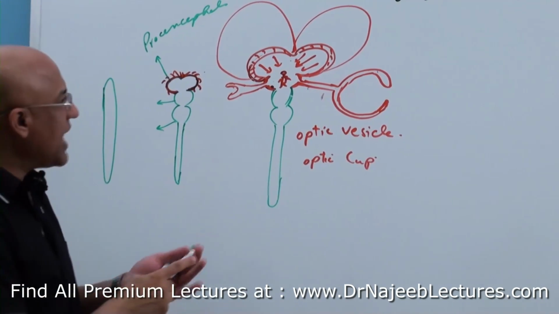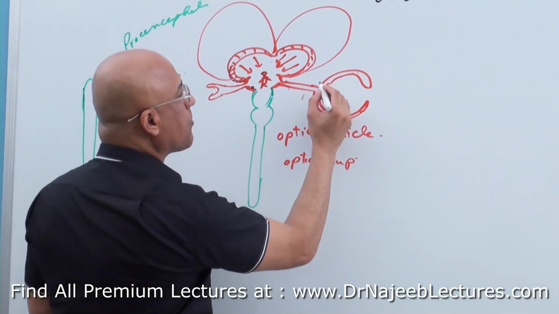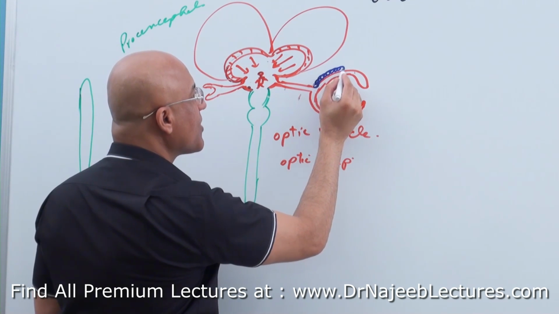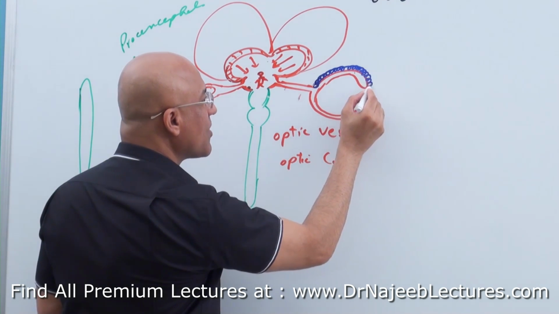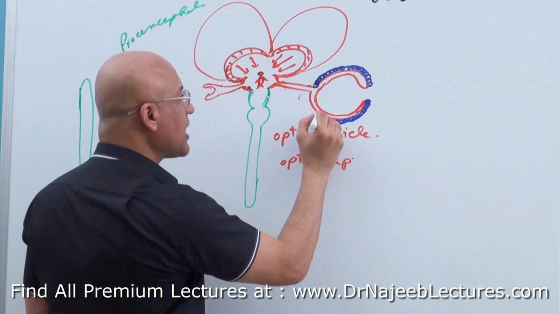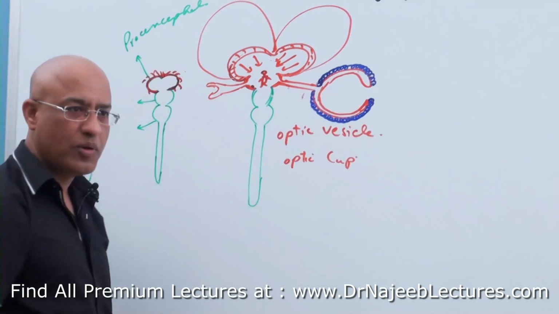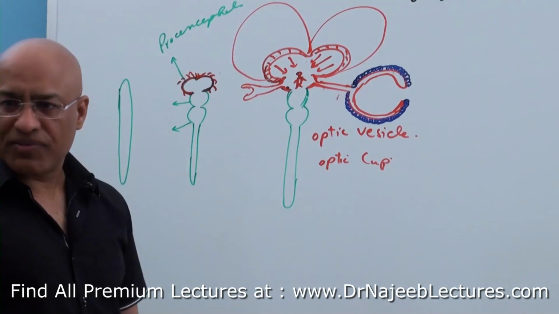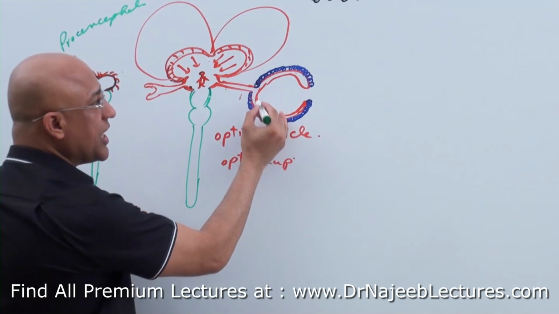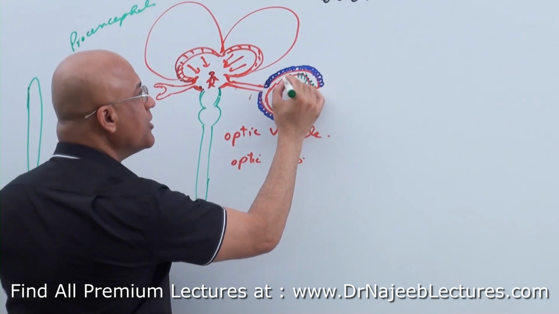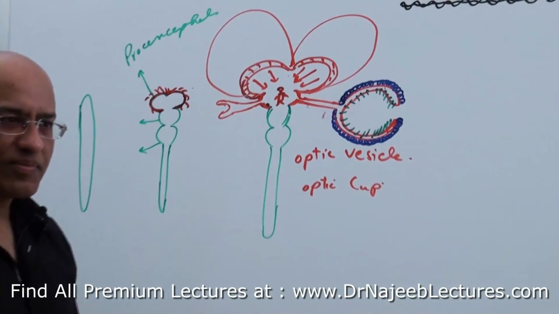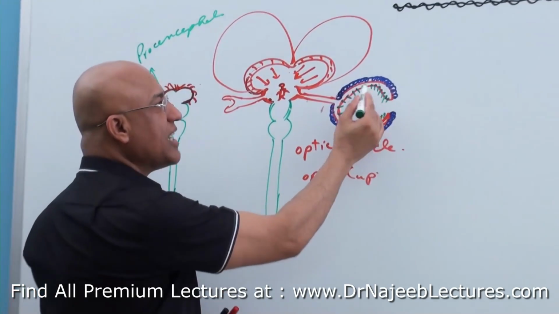Now, the outer layer of the optic cup differentiates into the pigment epithelium of the retina, and the inner layer differentiates into the neuronal layer. In this way, the retina is derived.